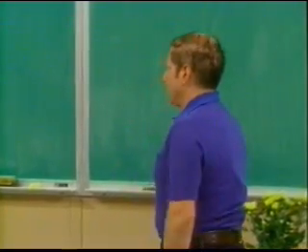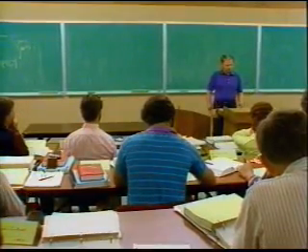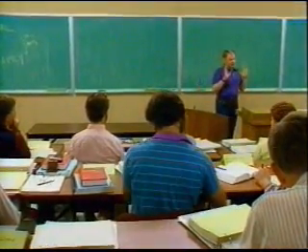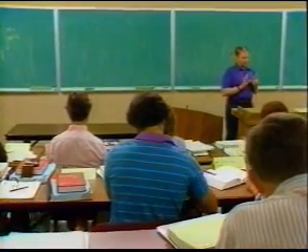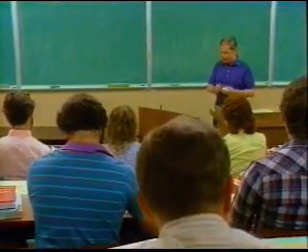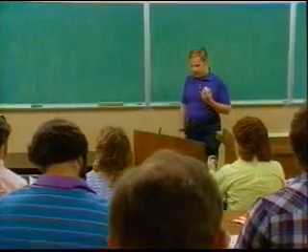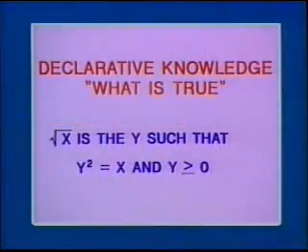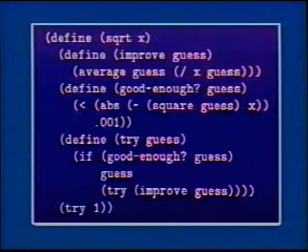Okay, well, I said that this language is very different. To explain that, let's go back to the very first idea that we talked about in this course, and that was the idea of the distinction between the declarative knowledge of mathematics, the definition of the square root as a mathematical truth, and the idea that computer science talks about the how-to knowledge.